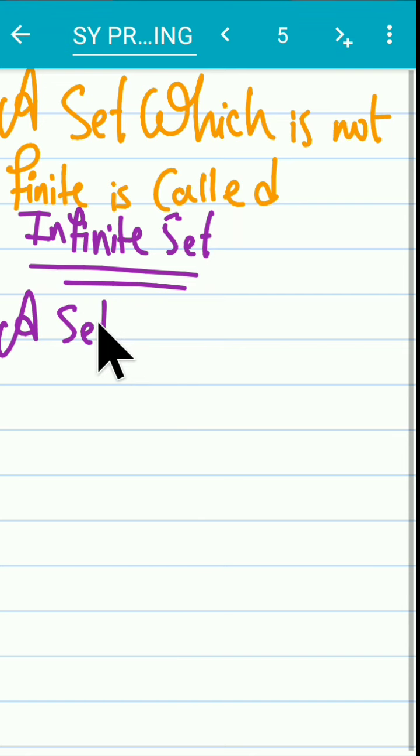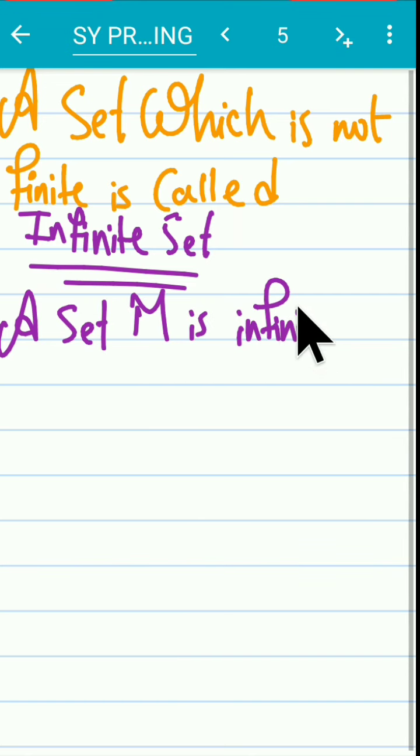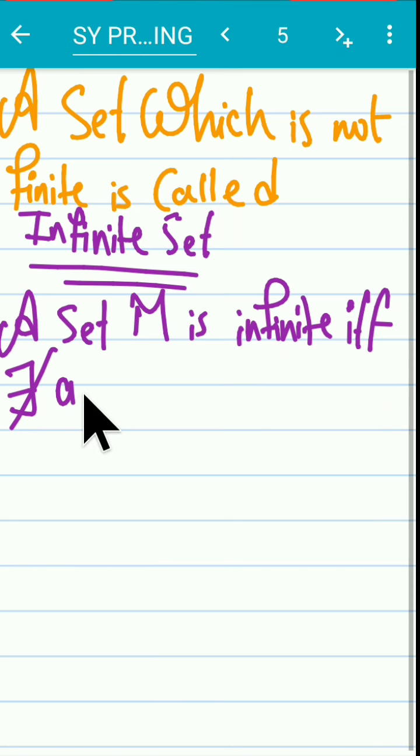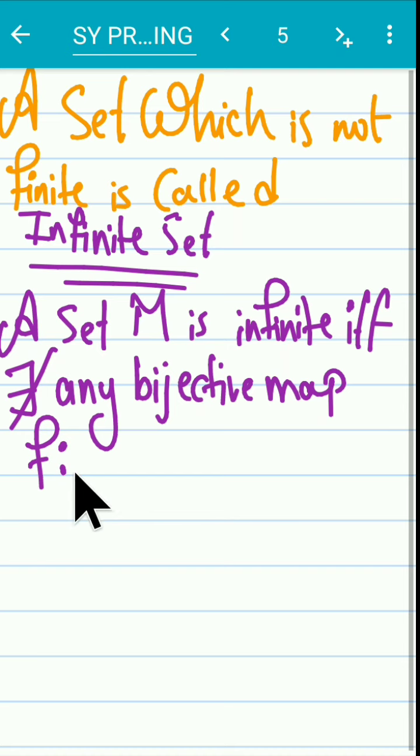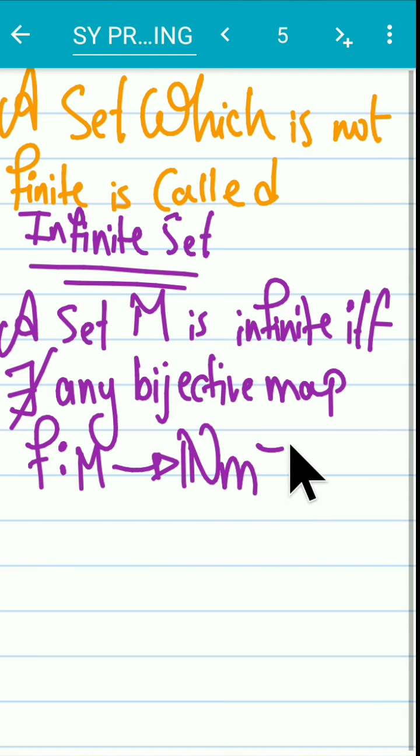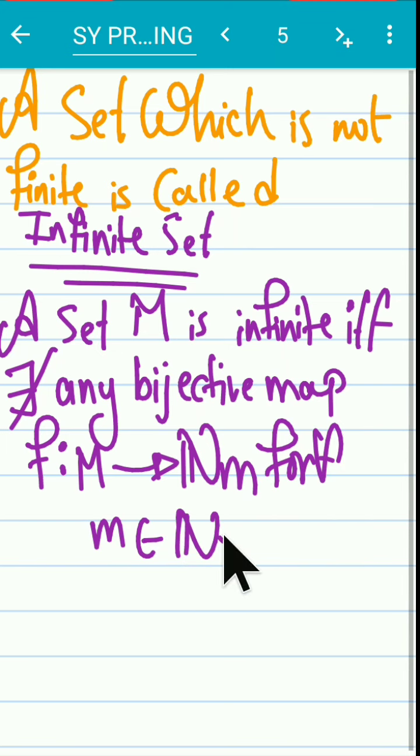A set M is infinite if and only if there does not exist any bijective map f from M to N_m for all m inside the natural numbers.